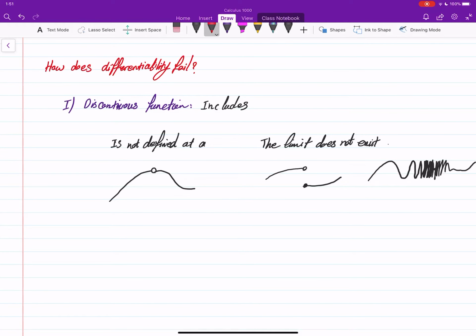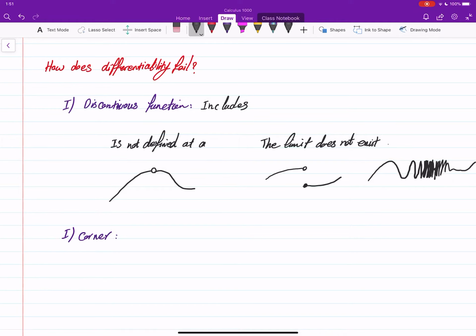So all these cases are not differentiable. And as we saw above, this is not the only case. There are other cases which are not differentiable. Graphically, these are the ones that have a corner, or some people say cusp.